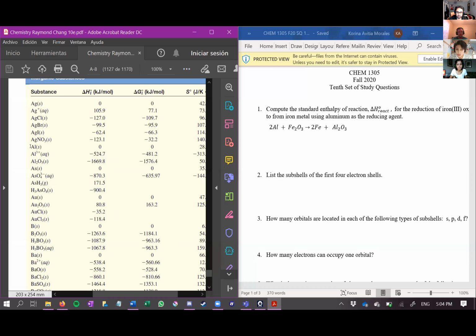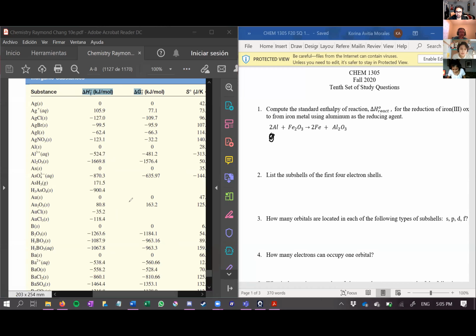We have solid aluminum. So this column here is going to be our enthalpy. So the enthalpy for aluminum is just 0, right? Okay, so this is 0.